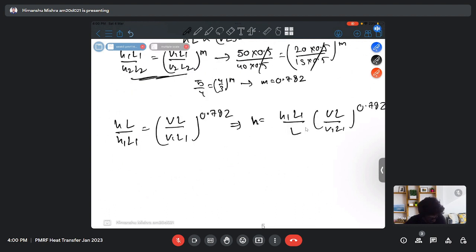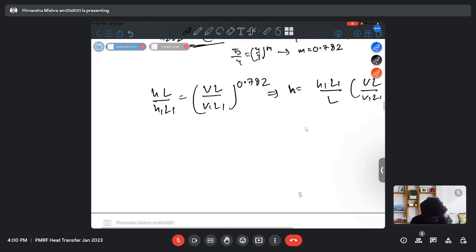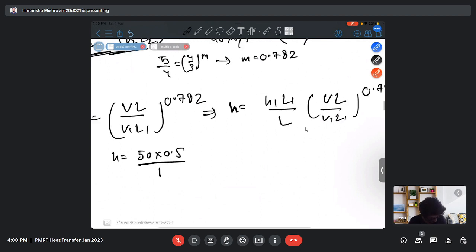So my H is unknown when my length is 1 meter, and H1 is my previous quantity, and it is 50. My previous length is L1, 0.5, and my new length is 1.